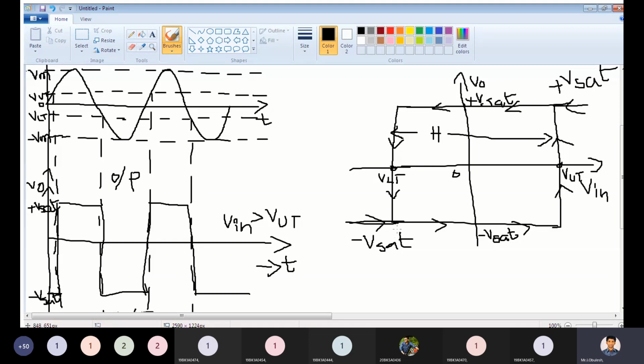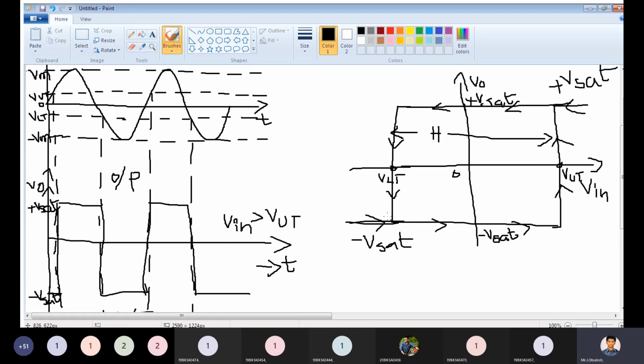If Vin is less than VLT, then the output will start from minus V sat to positive V saturation again. So the first case is Vin greater than VUT, then the output varies from positive V saturation to negative V saturation, and the wave travels in this direction up to this point.